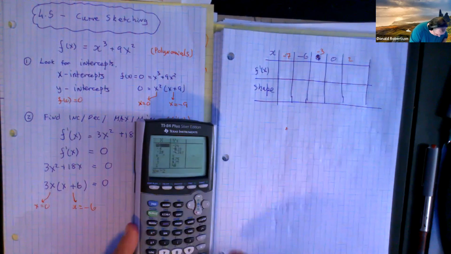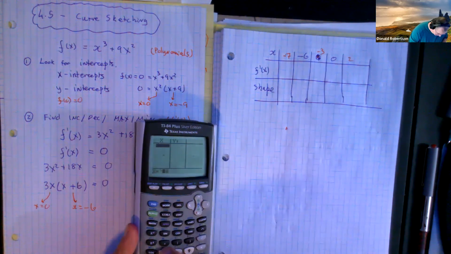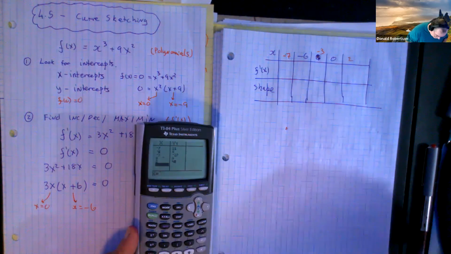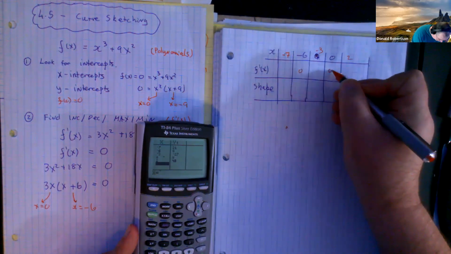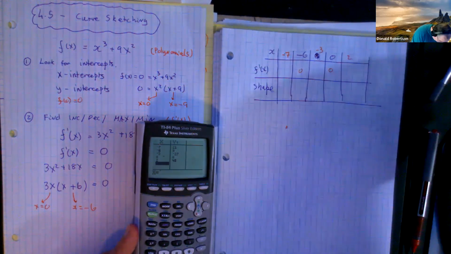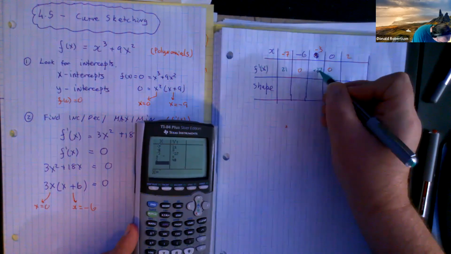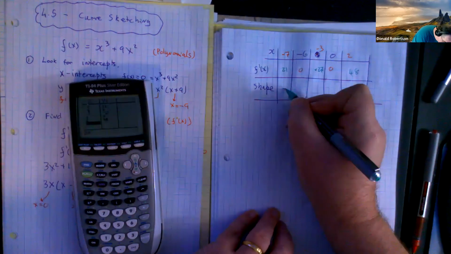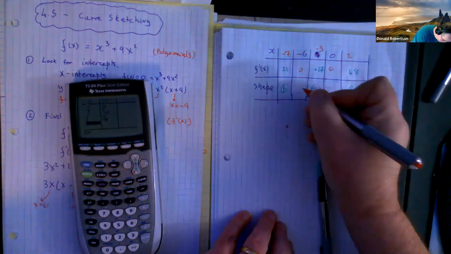I'll go here, delete the old stuff, and type in -7, -6, -3, 0, and finally 2. And I get 0 here and 0 here, which isn't a surprise. I get a +21, I get a -27, and a +48. And that gets me positive, negative, positive, and zeros here and here.